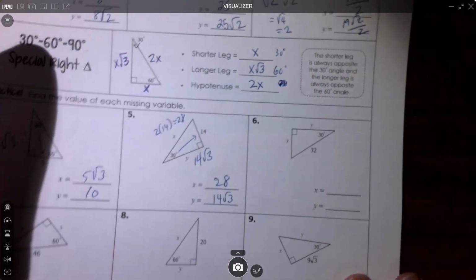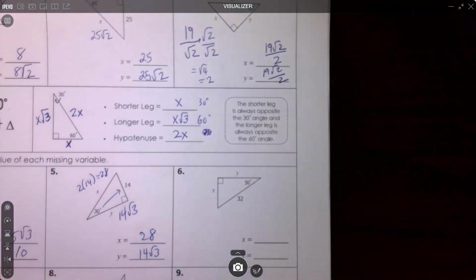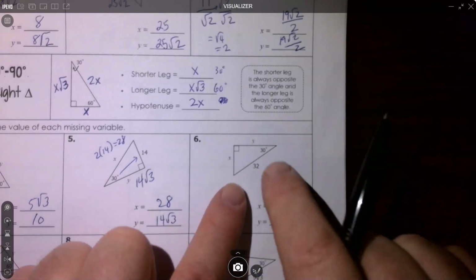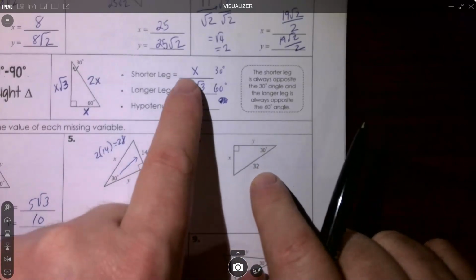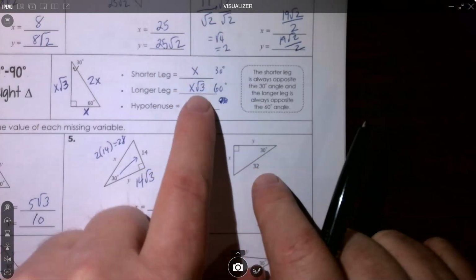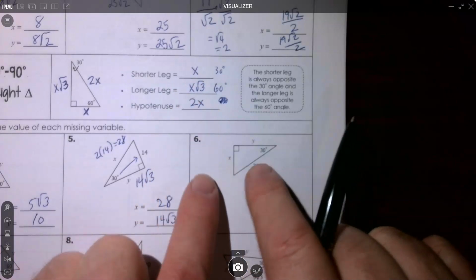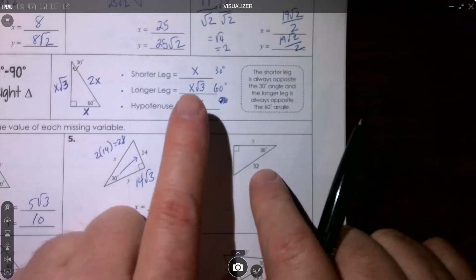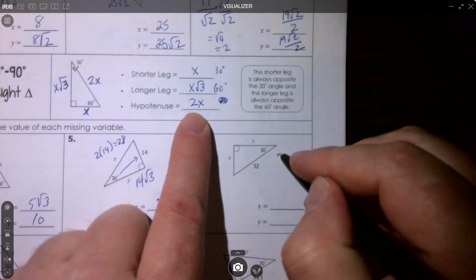Okay. All right. Now, this one is a little bit harder, not too bad. We've got some easy numbers I can work with. I don't have the 30, but I do have the hypotenuse, so I know that 2x is equal to 32.